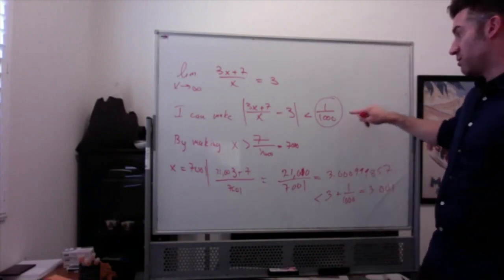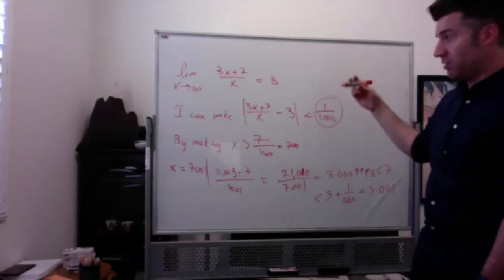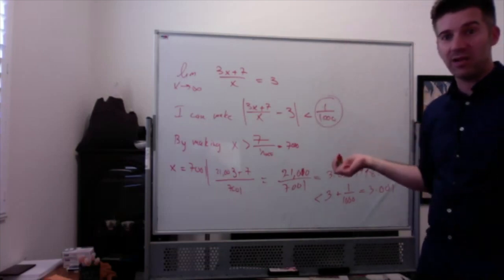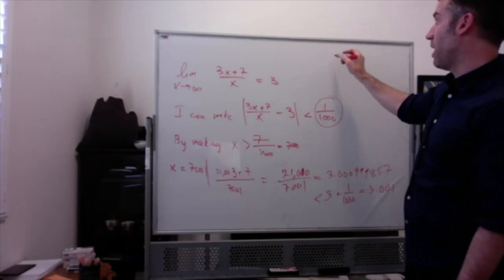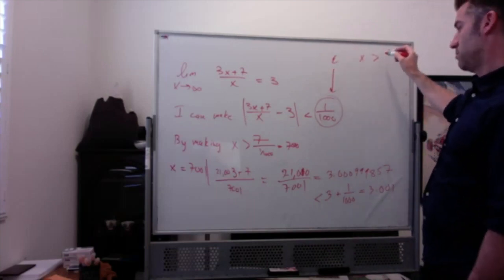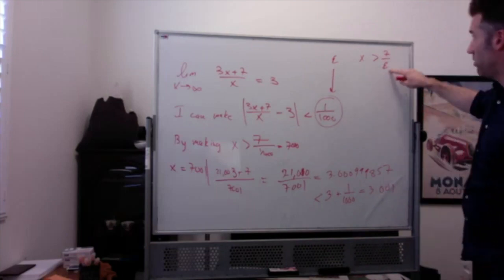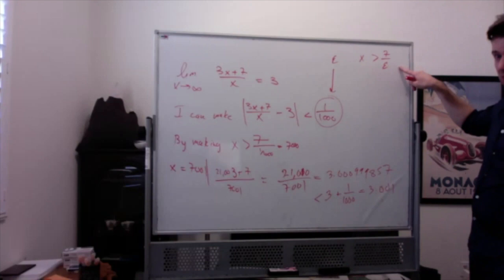So we could pick a smaller number here and find a corresponding larger number here. And in this particular example, we actually have an exact correspondence, right? We know that for whatever epsilon you pick, x has to be bigger than 7 over epsilon. So the smaller the epsilon, the larger the x.